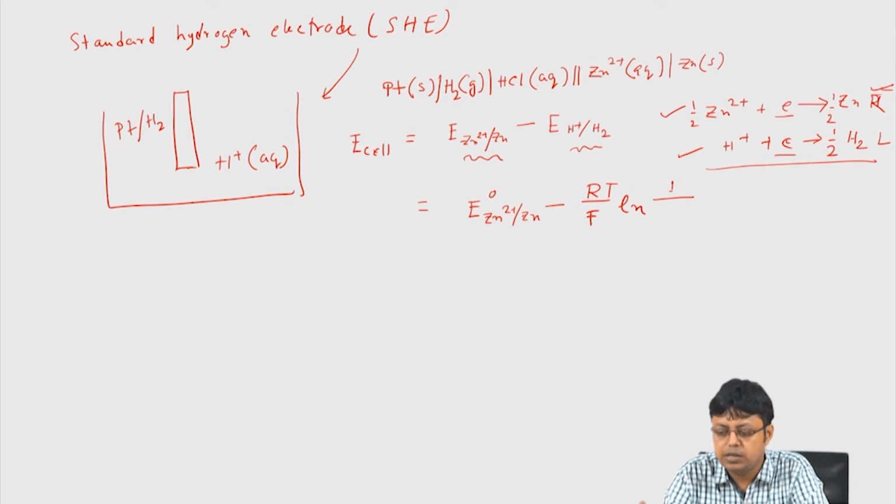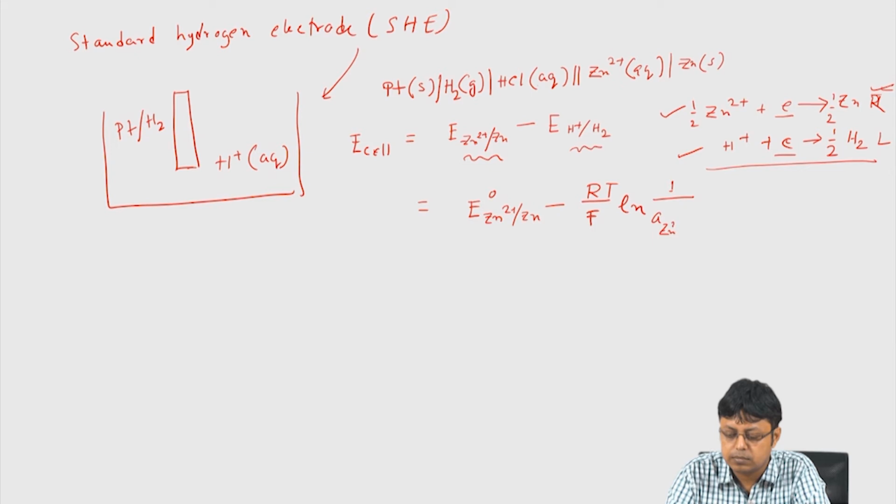So, it will be just 1 divided by the activity of zinc 2 plus raised to half here, and multiplied by the electron, but that we also take as 1. So, this will be the E right, minus we will have an E left, which we can also write in a similar way.